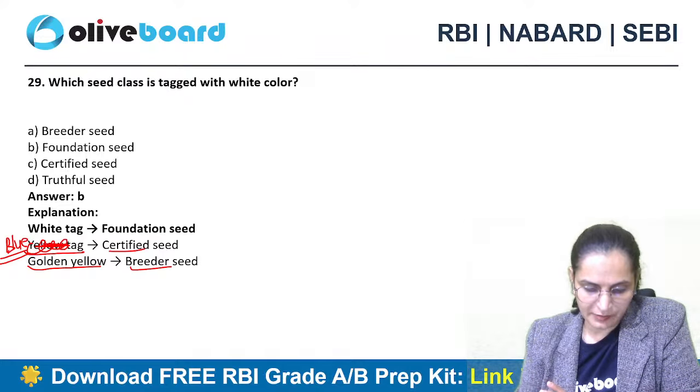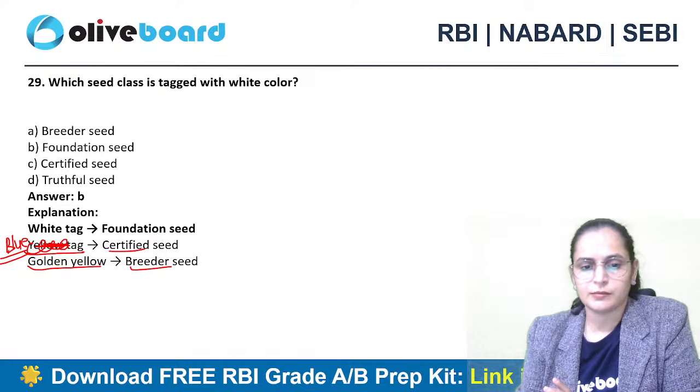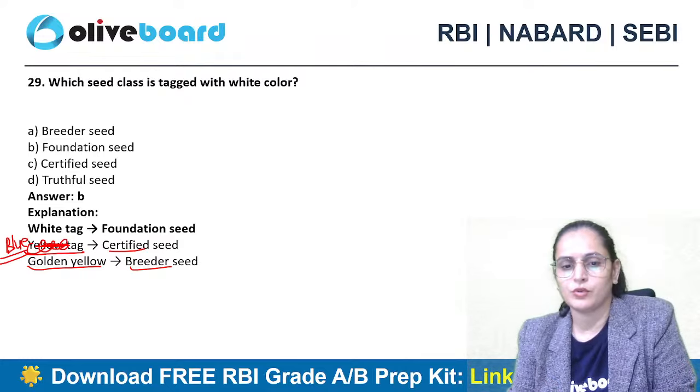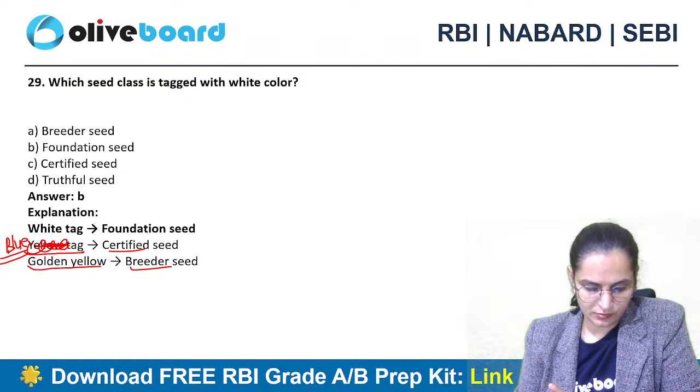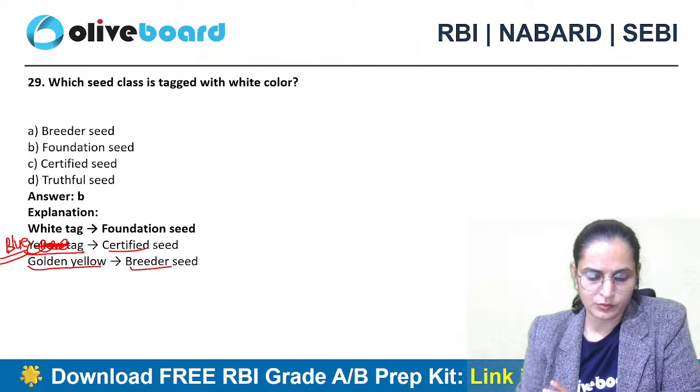I'm really sorry, I did it by mistake. Certified seeds have a blue color. If I'm not wrong, please check it from the notes and make the correction if there is any. But blue color is for sure.